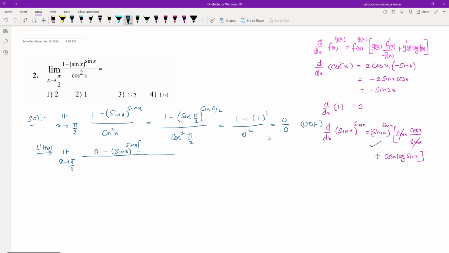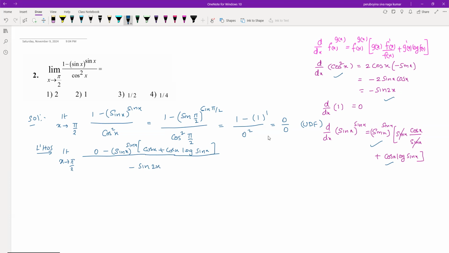Sin x power sin x, cos x, and then plus cos x into log sin x, and the whole divided by, in the denominator, minus sin 2x. Cos square x derivative is minus sin 2x.